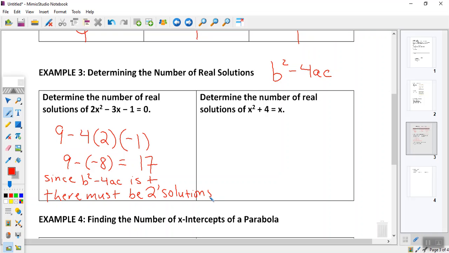So what do you maybe want to do to rewrite this first? I'm going to subtract x from both sides. Okay, let's do that. Kids, check it out. This becomes x squared minus x plus 4 is equal to what then? 0. Okay, so b squared, this would become negative 1 squared minus 4 times, what's the a value?